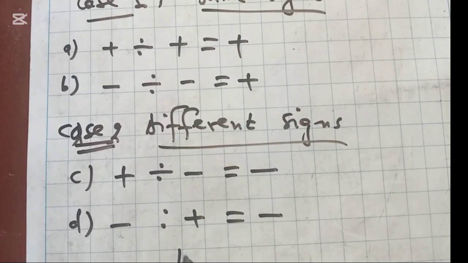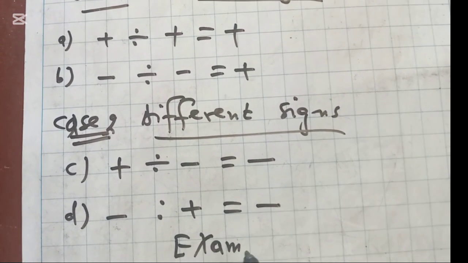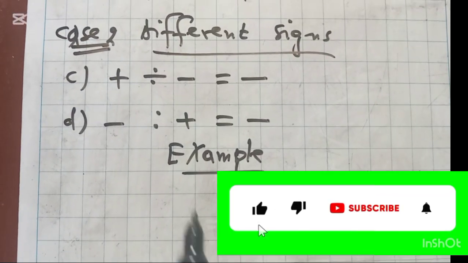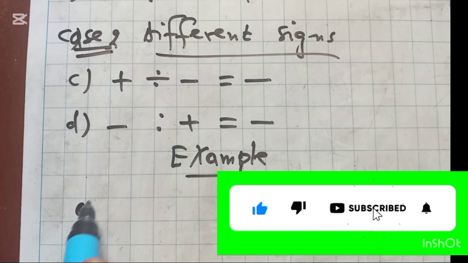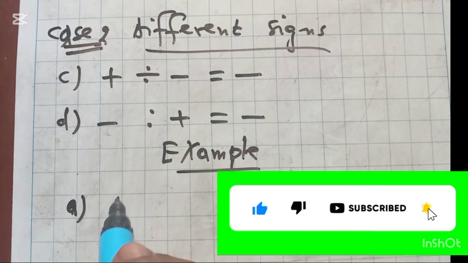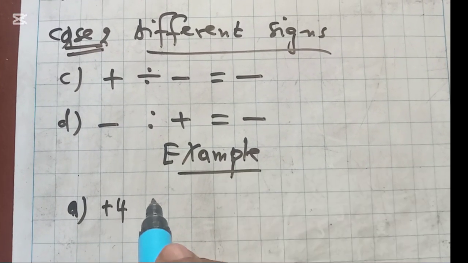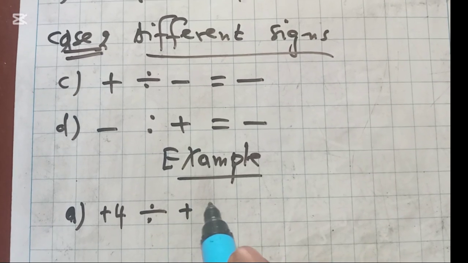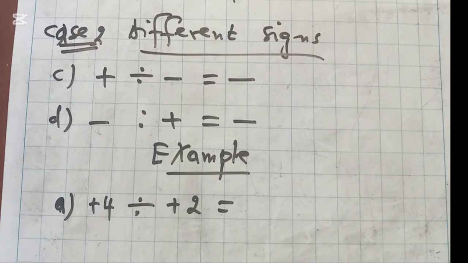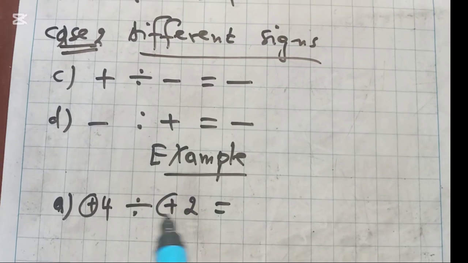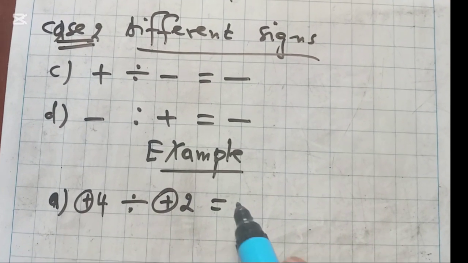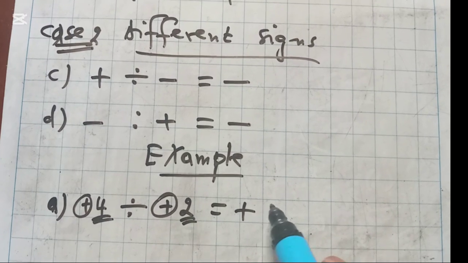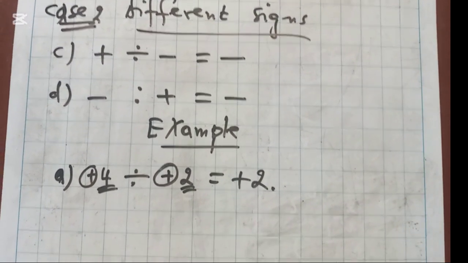For example, maybe you have plus 4 dividing plus 2. This is a positive, this is a positive. Positive dividing by positive, this is positive also. Now 4 divided by 2 will be 2.